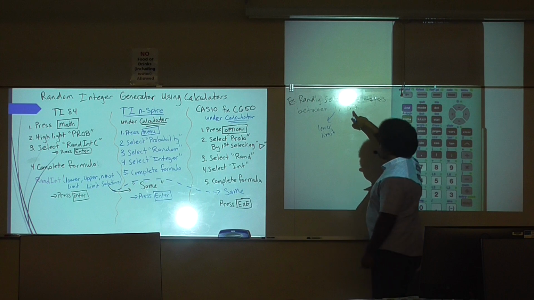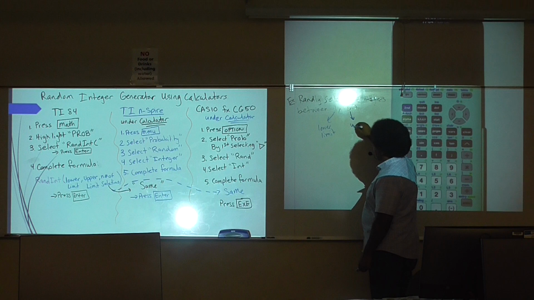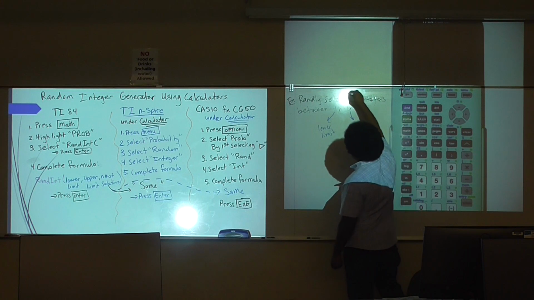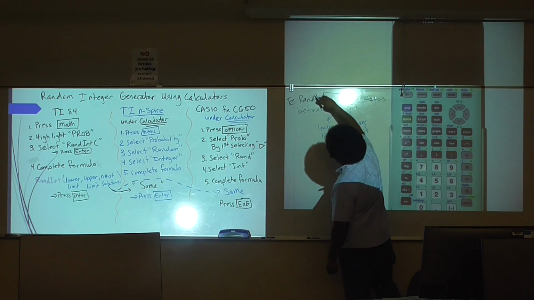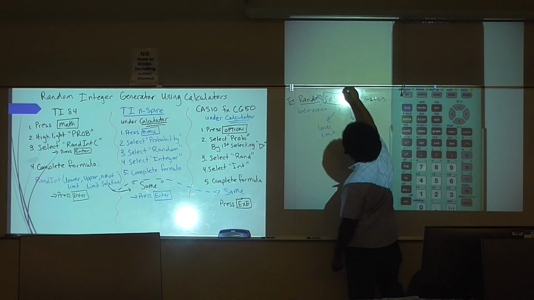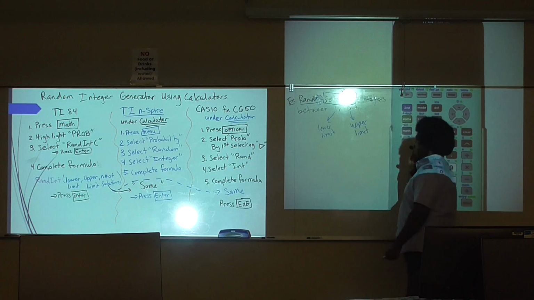The highest number we're selecting from the list of integers is the upper limit. And the number of selections is right here. Randomly select, this is your n, the number of selections.